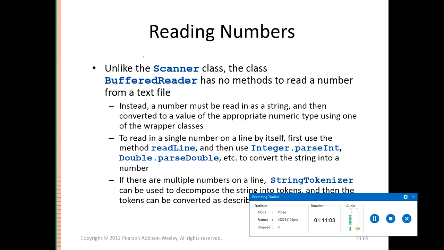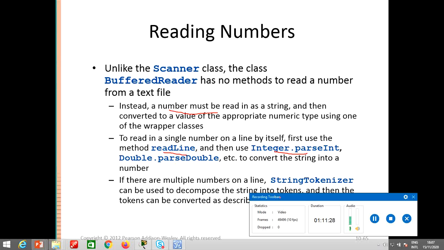Now unlike the Scanner class, the buffered reader has no methods to read a number. Instead, a number must be read as a string and then converted into the appropriate numeric type. That means you need to do typecasting. So to read a single number on a line by itself, first use the readLine method, then use the Integer.parseInt or Double.parseDouble method to convert the string into a number.